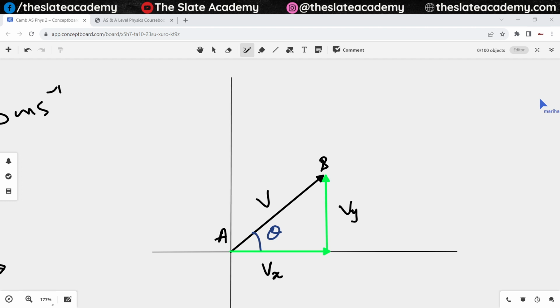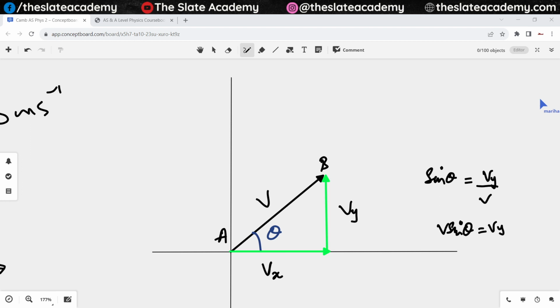All right. Now I can see that this diagram represents a right angle triangle. So I can say sine theta is equal to opposite by hypotenuse. Opposite is what? Vy. Hypotenuse is what? V. So rearranging it, I get v sine theta is equal to vy.